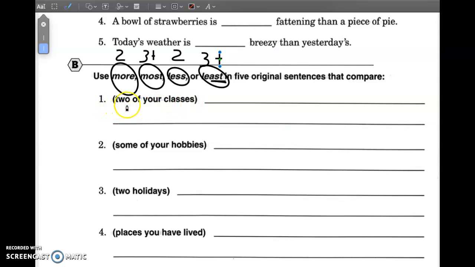If you're talking about 2 of your classes, which of those adjectives could you use? You're right, you could use more or less. Pick one of them and create a sentence that describes 2 of your classes. So maybe you're talking about Mrs. Fry's class and Mr. Timeson's class.